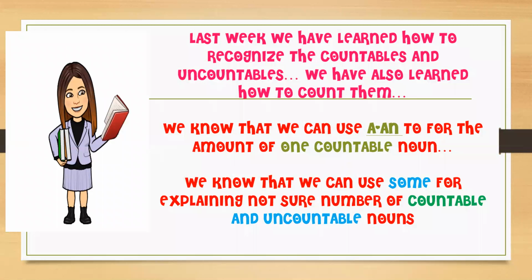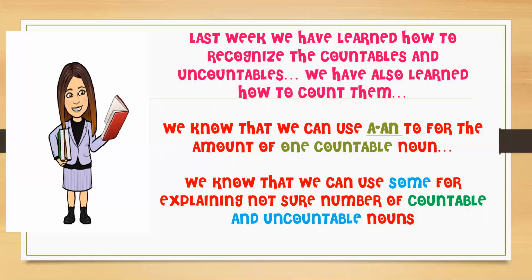Last week we have learned how to recognize the countables and the uncountables. We have learned, of course, how to count them. First rule that we have done together: we know now that we can use a or an for the amount of one countable noun.